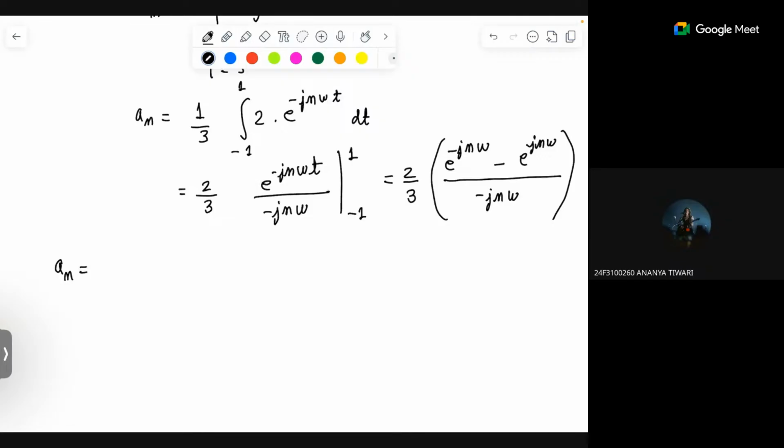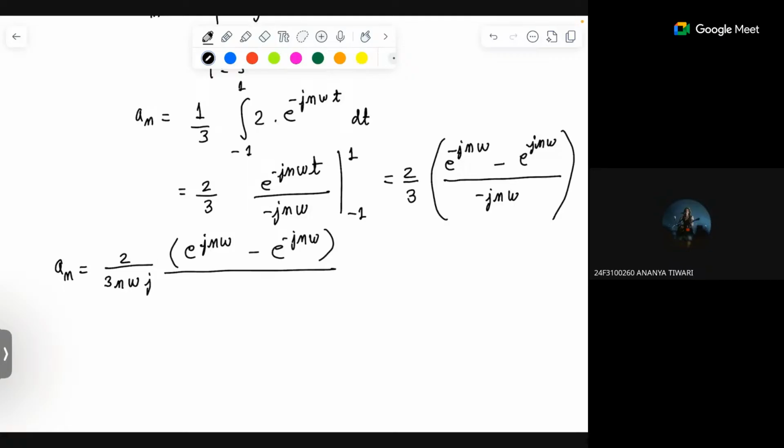An is, so I will take these terms outside. So 2 by 3 n omega j, minus sign I will absorb in the numerator. So e to the j n omega minus e to the minus j n omega. We have this.